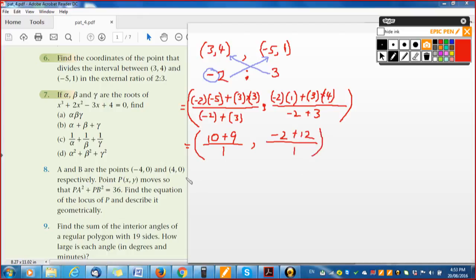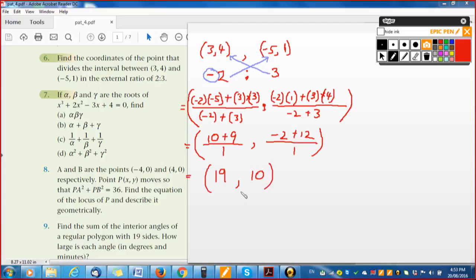Anything over 1 is just itself. 10 plus 9 is 19. -2 plus 12 is 10. (19, 10) is your answer.